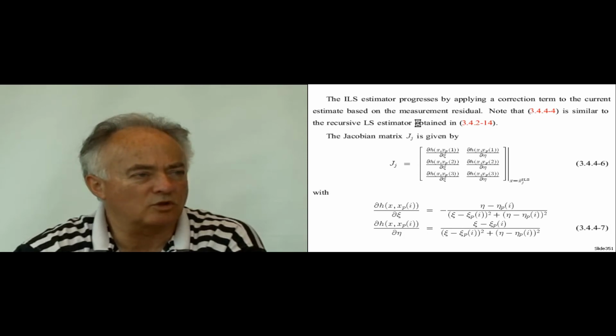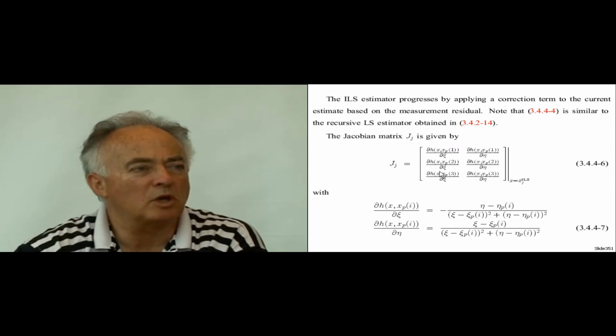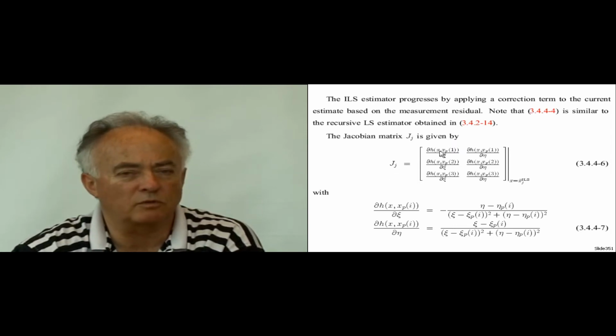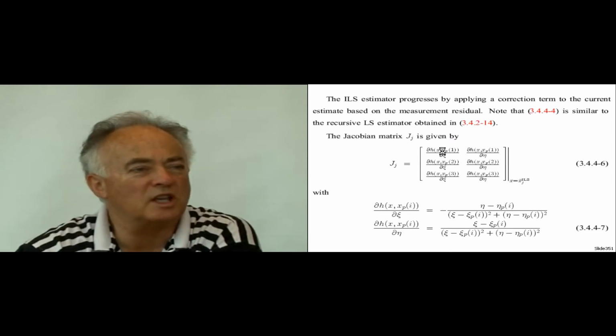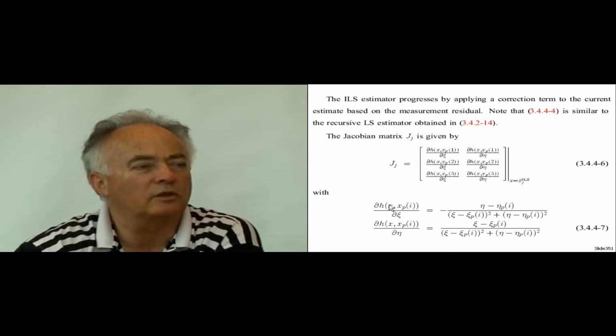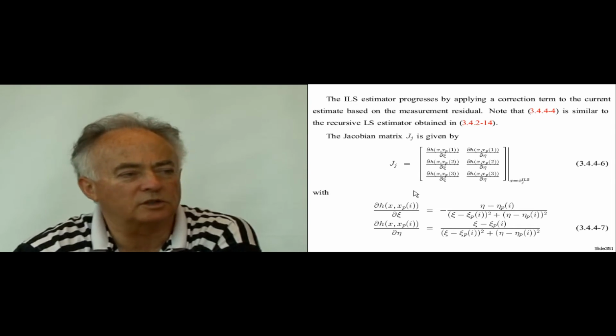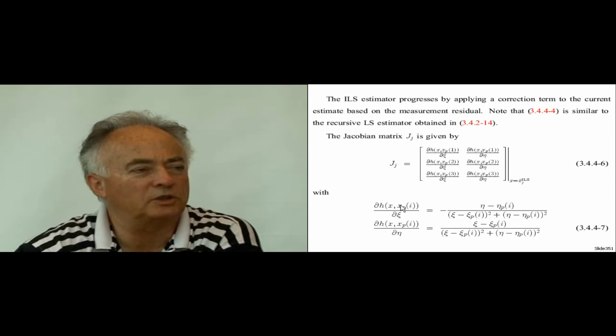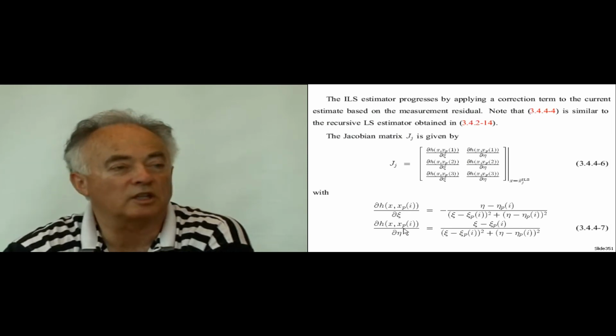We have here the Jacobian, this 3 by 2 matrix, and because these are partial derivatives of the arctangent, obviously they are not constant, you will evaluate these always at the previous estimate, and we have the explicit expressions of all these derivatives. This is the arctangent partial with respect to the psi component and with respect to the eta component.